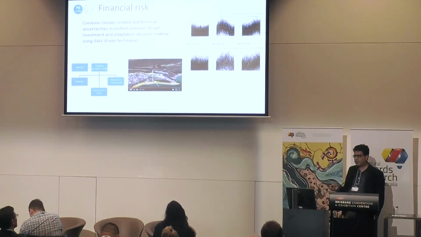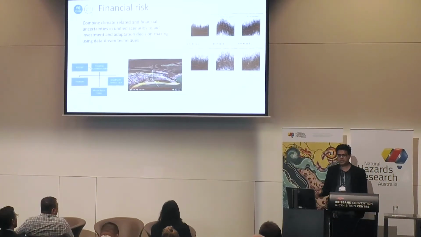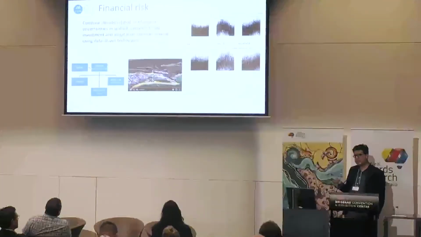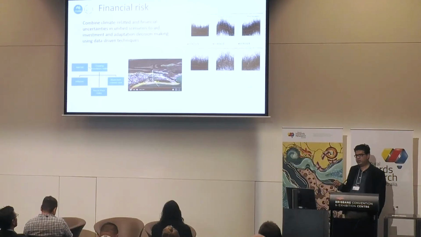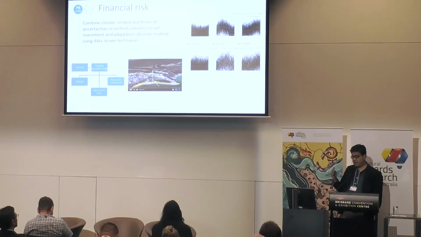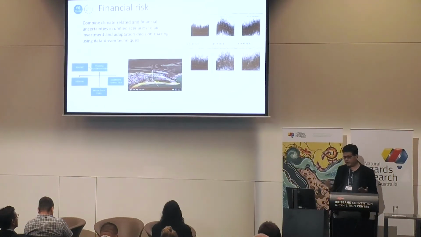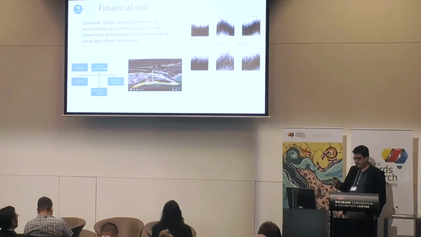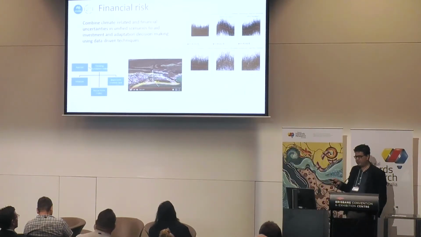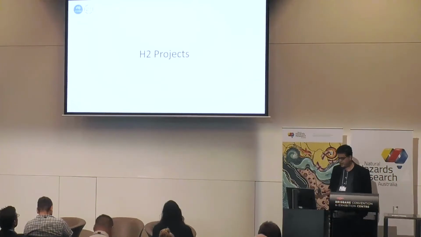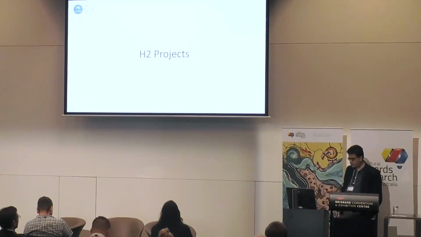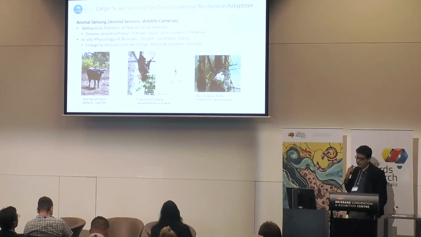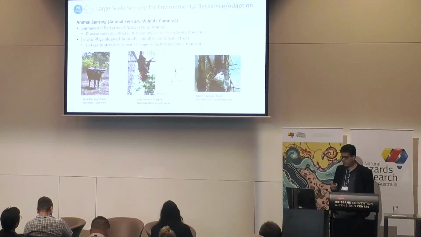Early days here, but we are working quite closely with local governments who are providing us with the necessary data that needs to go into the financial modeling, and we've got the climate data with us, and we're trying to see how they work with each other. This is again strategic research, but it's being carried out using the same sort of platform technologies that we have developed. Moving on to Horizon 2 projects, we're doing large-scale sensing for environmental resilience.